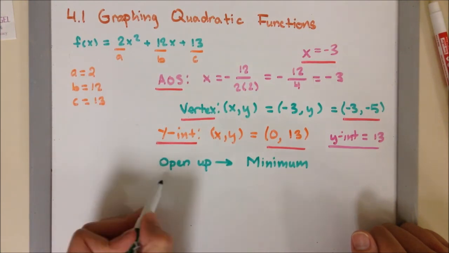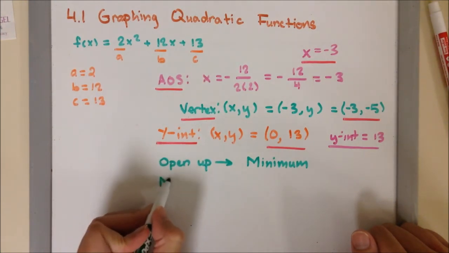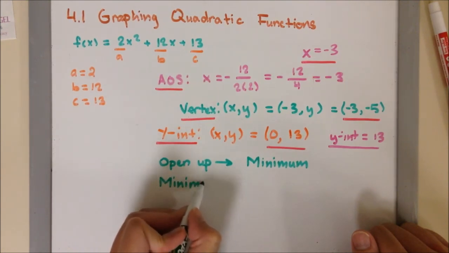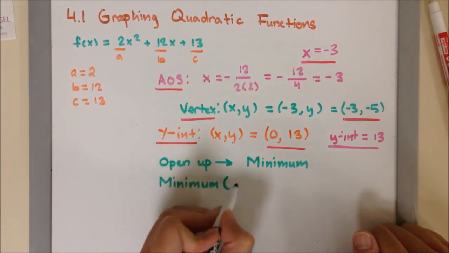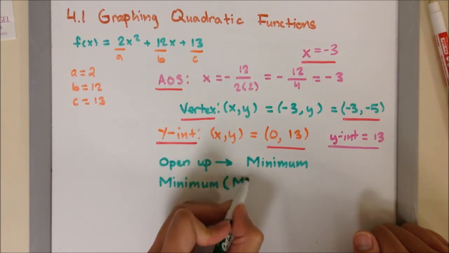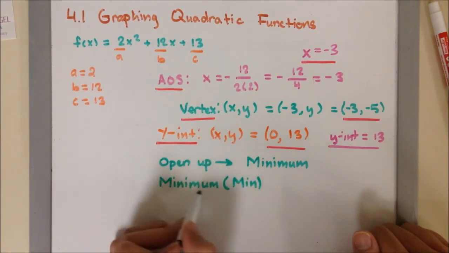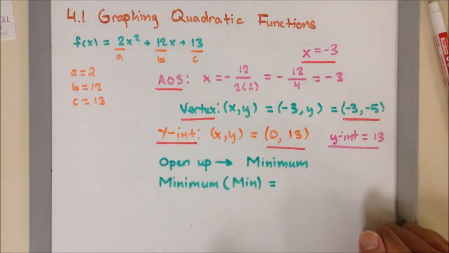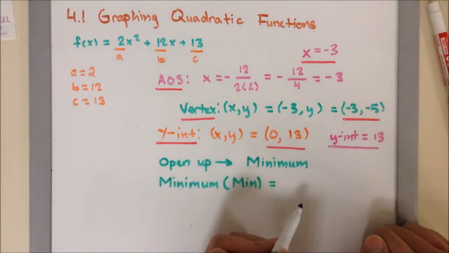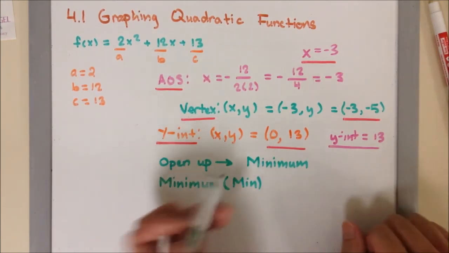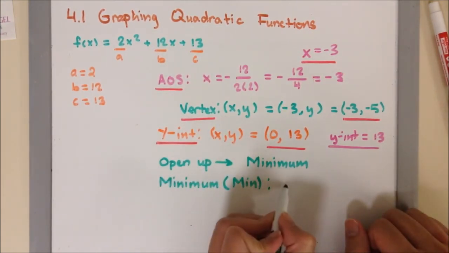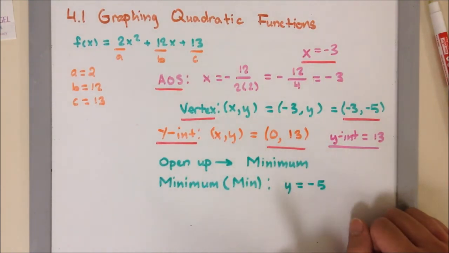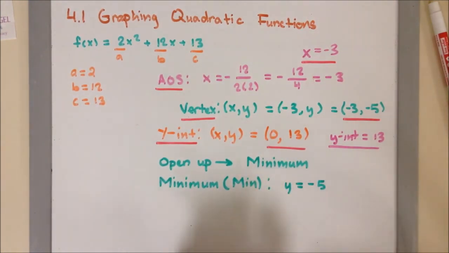Now, if there is a minimum, the minimum value is easy. Minimum, or min for short, will be the y value of the vertex. So y equals negative 5. That's the minimum value.